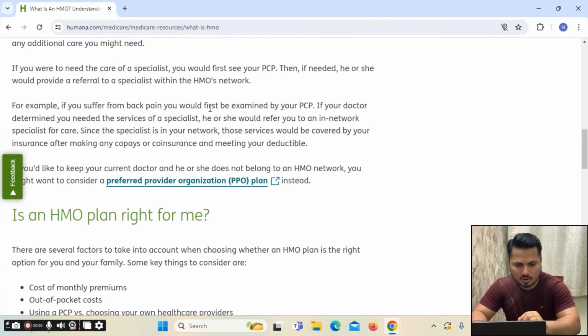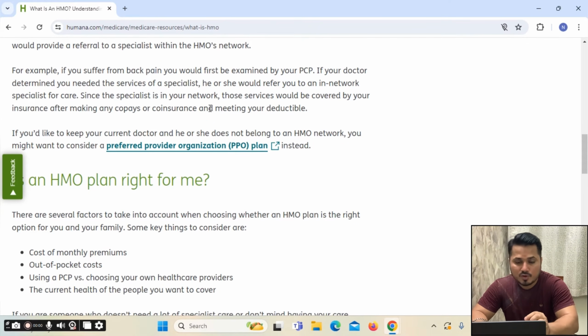Let's scroll. If you were to need the care of a specialist, you would first see your PCP, then, if needed, he or she would provide a referral to a specialist within the HMO network. For example, if you suffer from back pain, you would first be examined by your PCP.